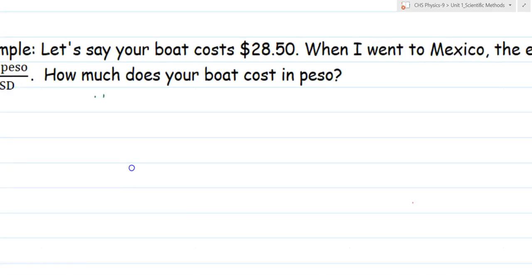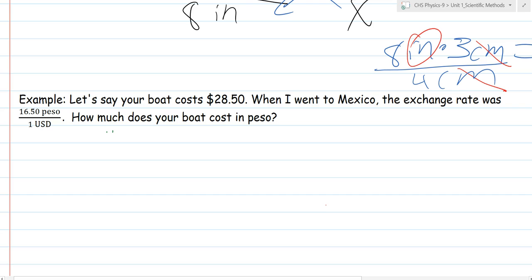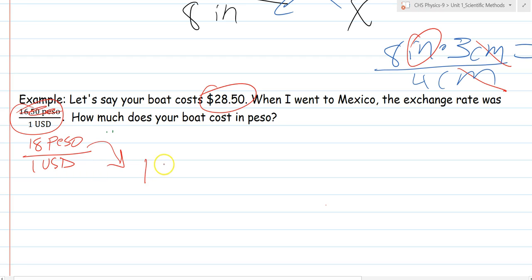Now what I would like to do is use this as another example. So we have $28.50. We know the exchange rate, and actually these days it's closer to 18 pesos for every 1 USD. I'm going to take my conversion factor and write that here.